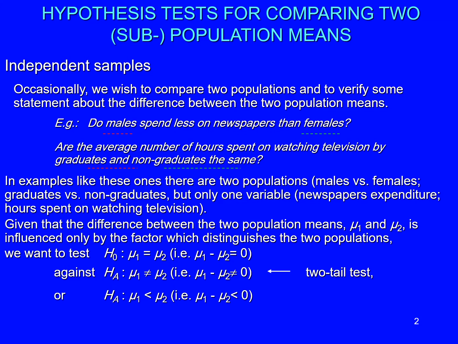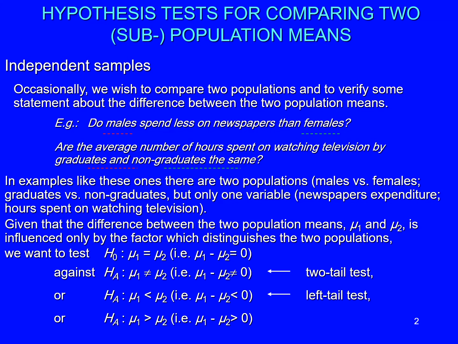Or the one-tailed test could be mu1 is less than mu2, which means mu1 minus mu2 is less than 0. That's the left tail test. The right tail one is mu1 greater than mu2.